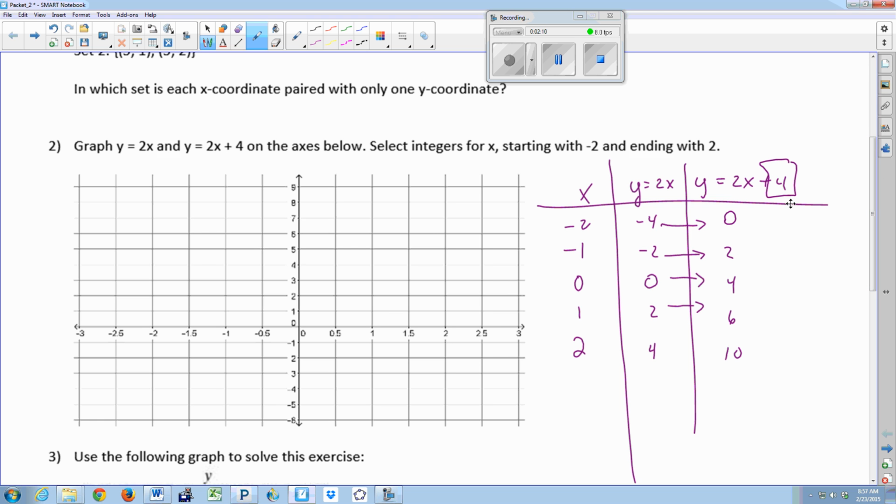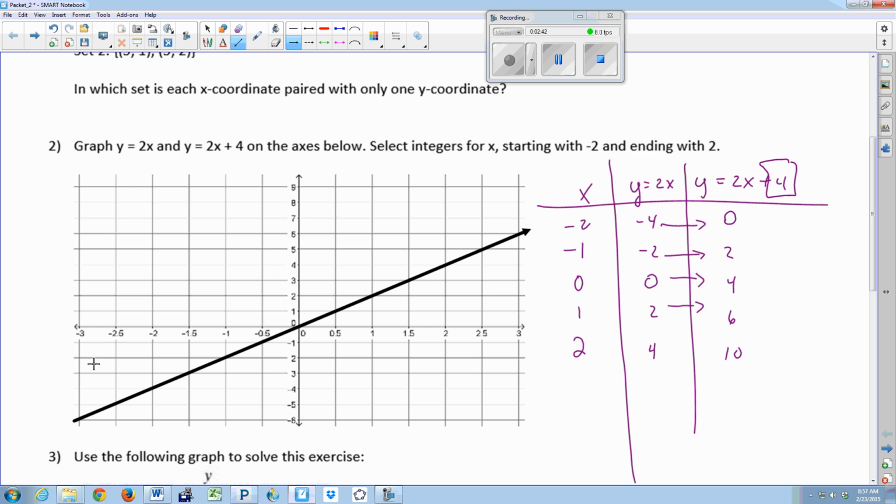So this is an idea that's coming up in a couple of weeks, this idea of does this line change y equals 2x? Let me just quickly throw in a line. So here's y equals 2x, roughly right there. And then the line y equals 2x plus 4 grows at exactly the same rate. It's got the same slope.